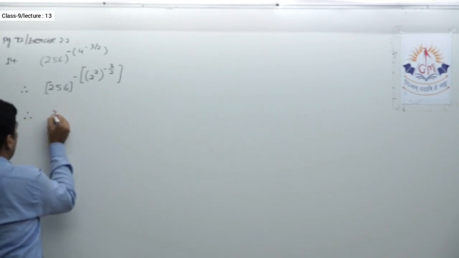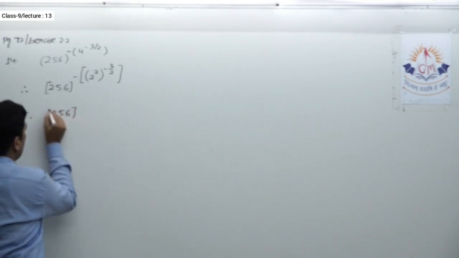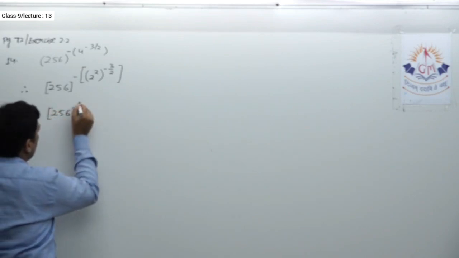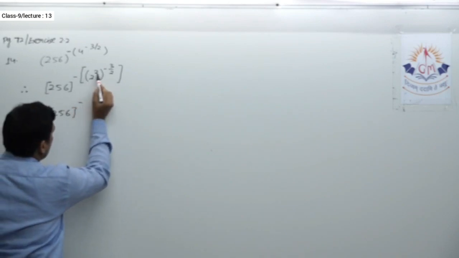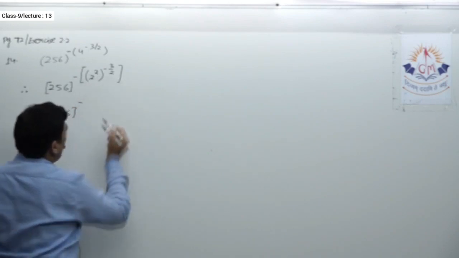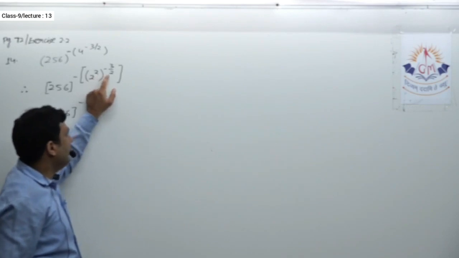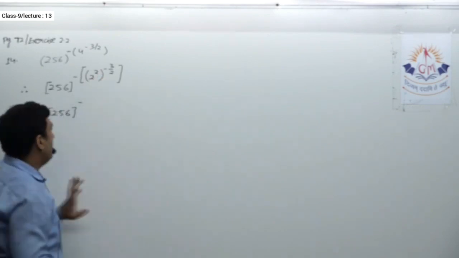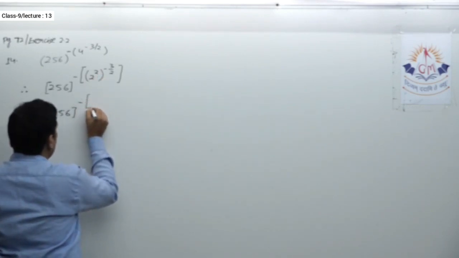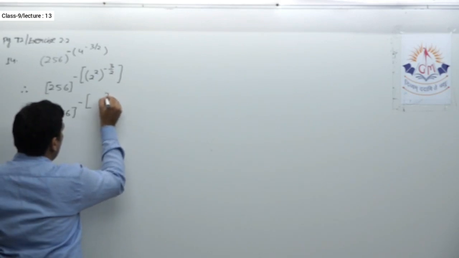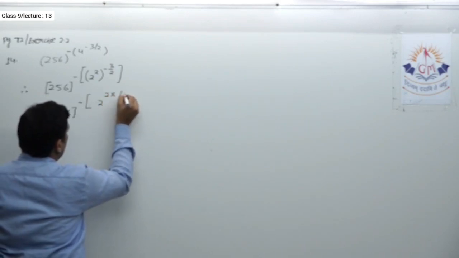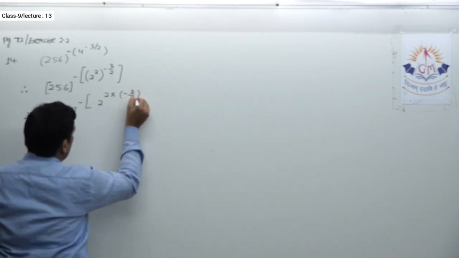Therefore I write 256 raised to minus. Now over here this power is 2 and again there is a power minus 3 by 2. So I can say here the power law must be applied. So here I write 2 raised to 2 multiplied by minus 3 by 2.